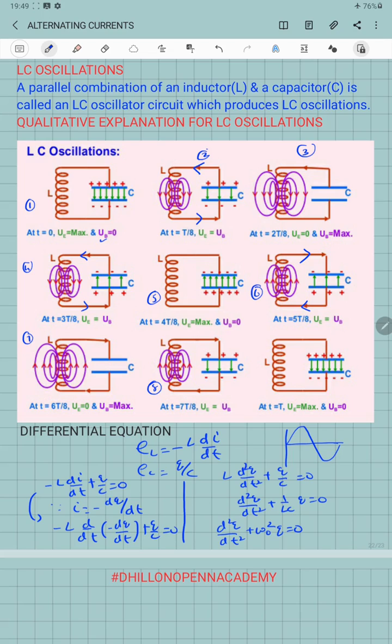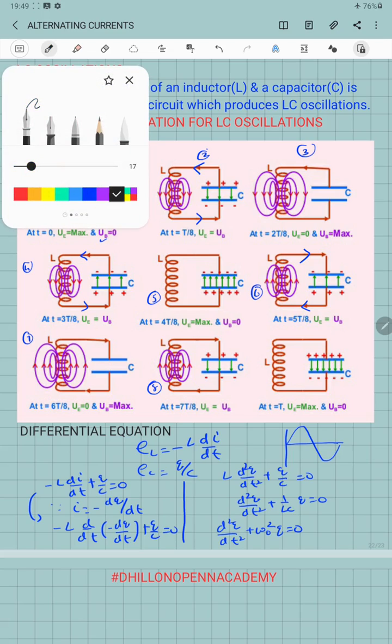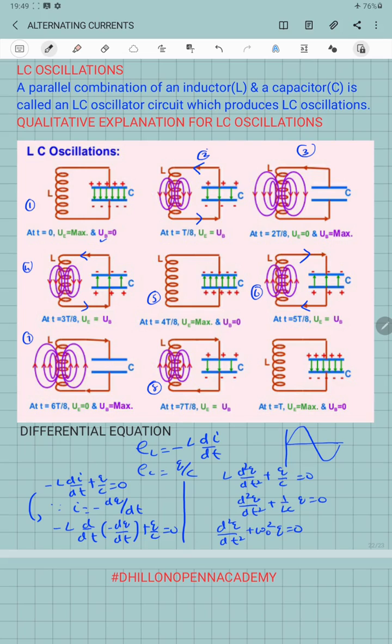This is the second order differential equation for the LC oscillator circuit, where omega naught square is equal to 1 by LC, or omega naught is equal to 1 over under root LC, which is the frequency of the oscillations produced in this LC oscillator circuit.